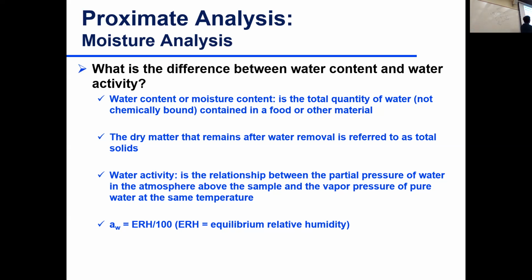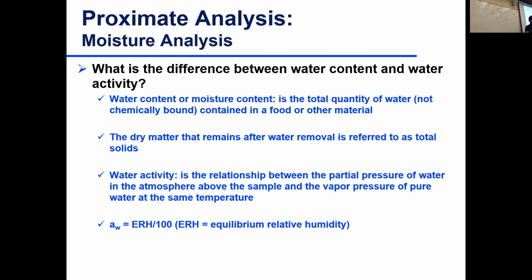Water activity, this is the correct definition, the most scientific representation of water activity, although it is the free water that is not bound, is the relationship between the partial pressure of water in the atmosphere above the sample. So if you have free moisture, you will have a specific water pressure above the sample. And this is in relation to the vapor pressure of pure water.